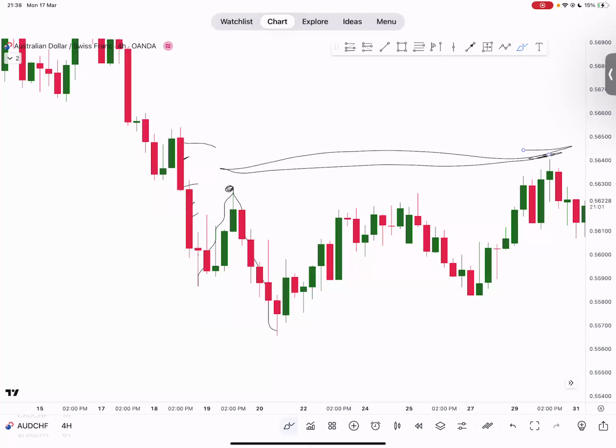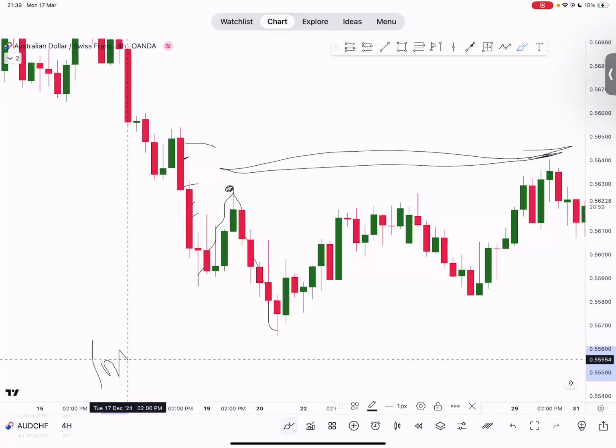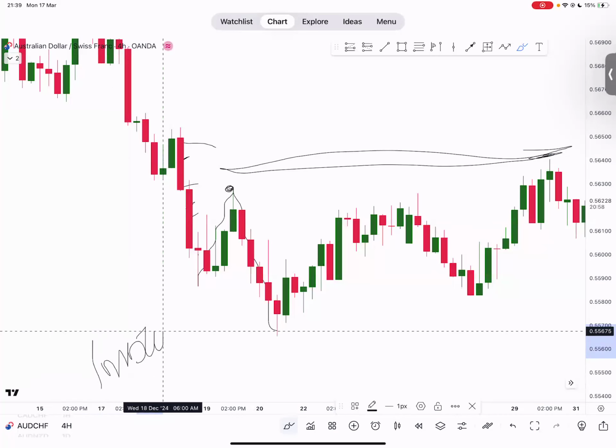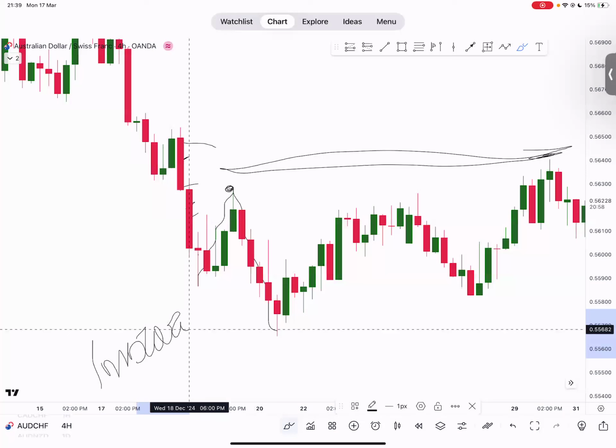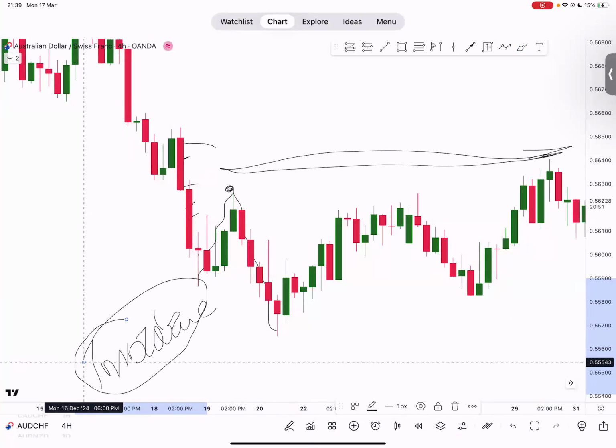Imbalance, what is an imbalance? Let's say imbalance is something that is unfair. It is not fair, it is not balanced. That is what an imbalance is. So for something not to be balanced in the market, it means that one side of the market has been, will I say, cheating. You understand? One side of the market has been winning while the other side is not doing anything yet. It means that the market is imbalanced.